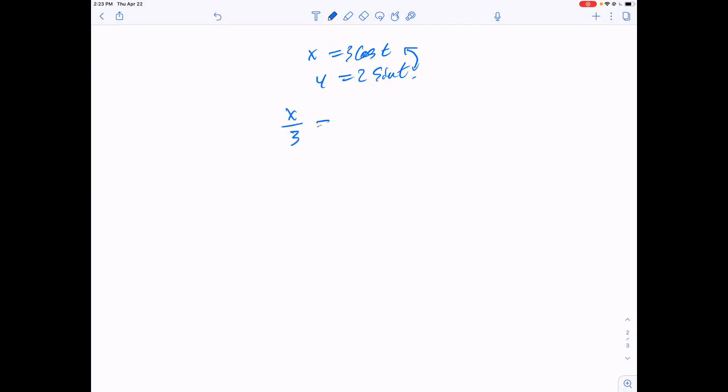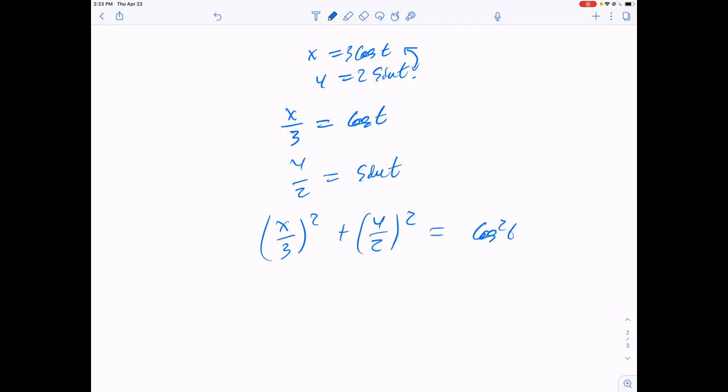And so the natural choice would be x over 3 is equal to cosine t, and y over 2 is equal to sine t. And this gives us x over 3 squared plus y over 2 squared is equal to cosine squared t plus sine squared t. And then we can rewrite this as x squared over 9 plus y squared over 4 is equal to 1.